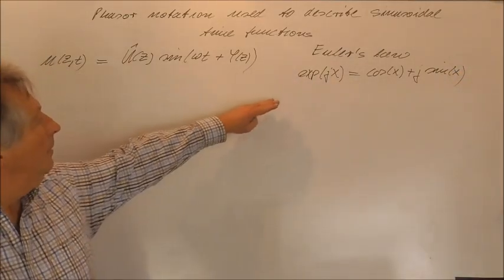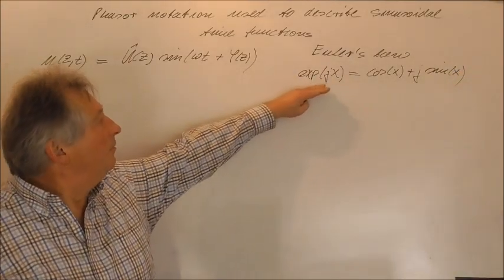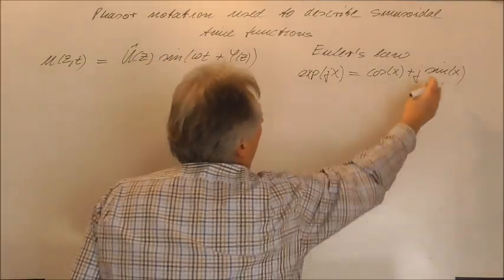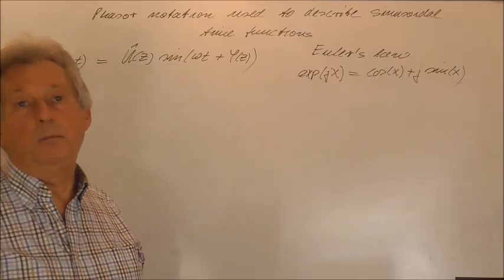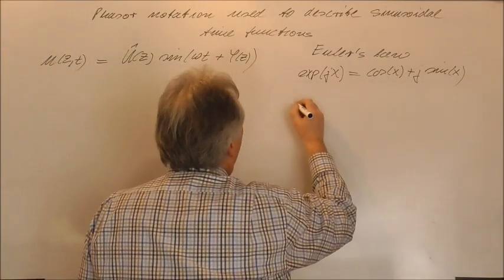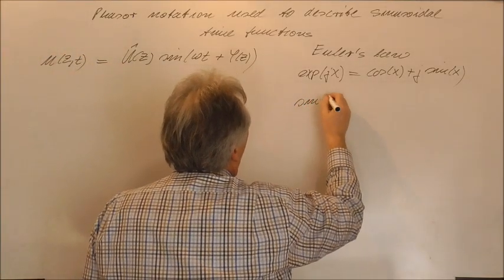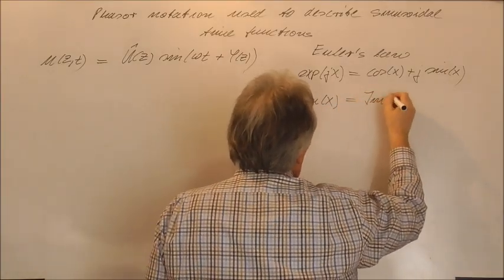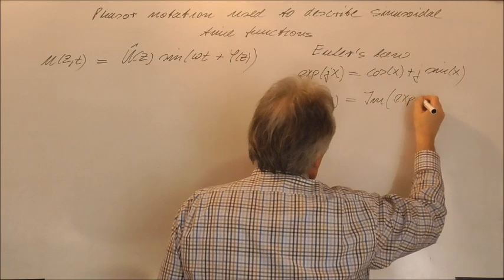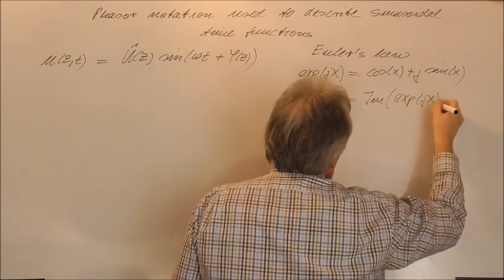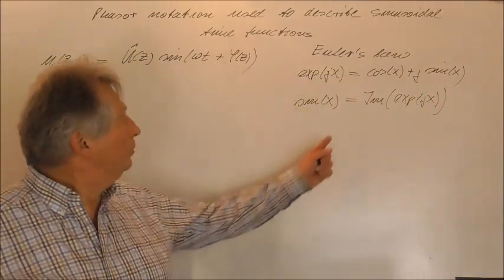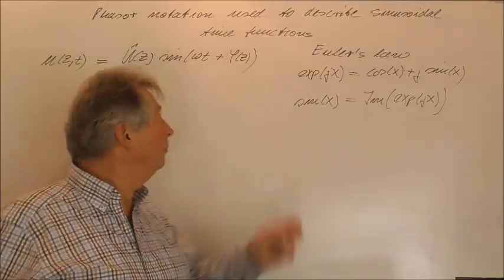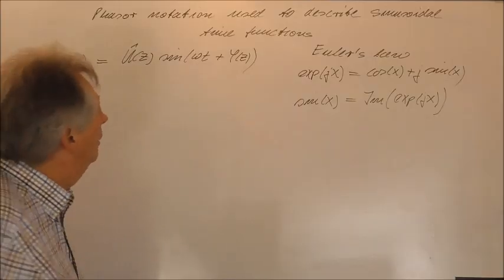So you see, with the help of the exponential function, we can also express the sine function if we only consider its imaginary part. So sine of x is just the imaginary part of our exponential function e to the jx. If we would consider the real part, then we would express the cosine function, but both functions are sinusoidal.